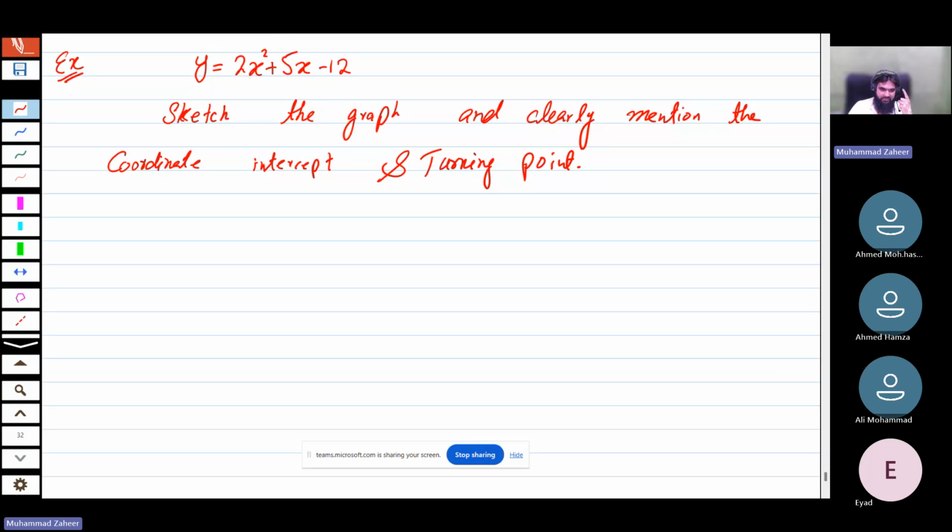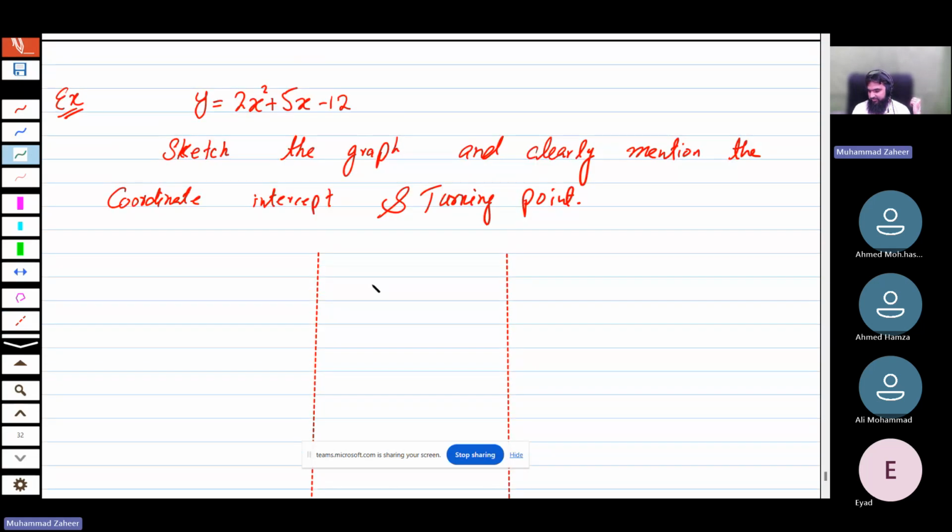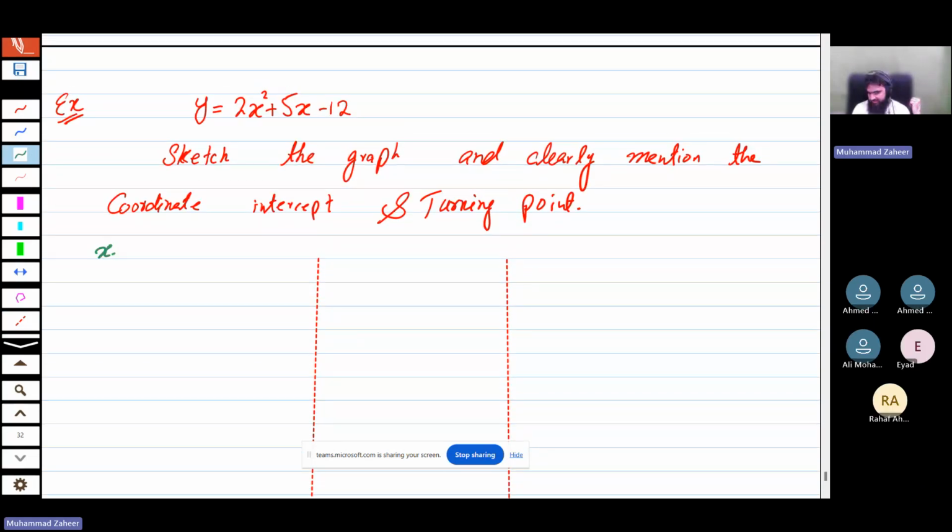All right. So I just told you we have to find the three main things. One, x-intercept. Second, y-intercept. The third, turning point. Now we have to talk about the x-intercept here.